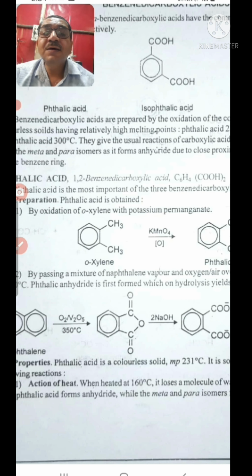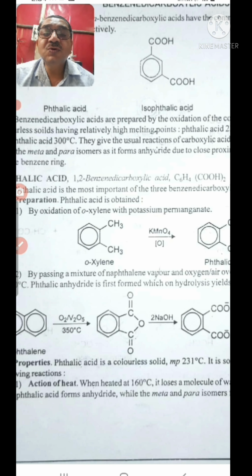We can oxidize orthoxylene by using potassium permanganate, and we get phthalic acid. Another source is naphthalene.